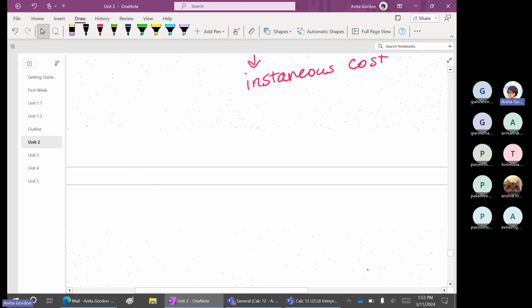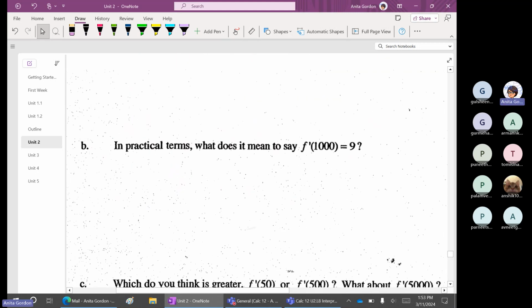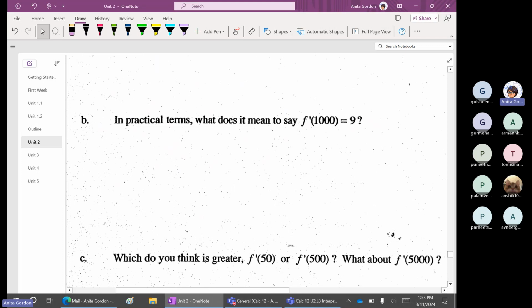What else can we say about this function? In practical terms, if f prime at 1,000 equals 9, in English terms, what are we describing here?